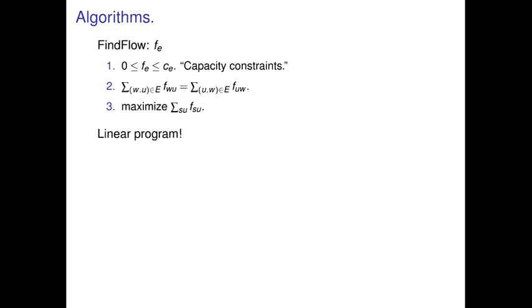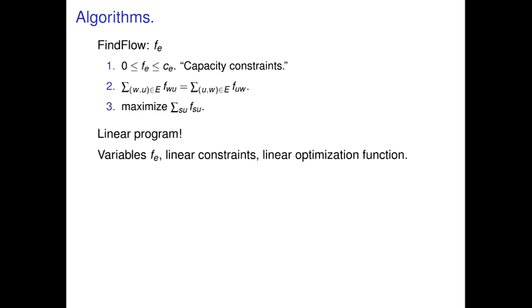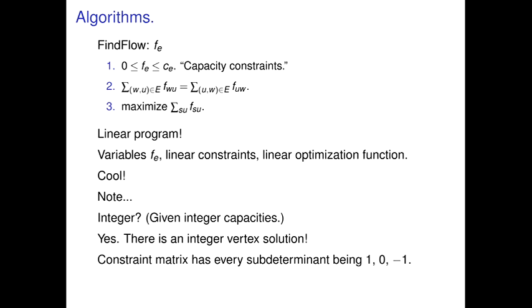Okay, so here's the algorithm. Again, it's a linear program. So the variables f of v, the linear constraints, and the linear optimization function. Everything is linear. I don't care that it's in standard form. You know how to rewrite it in standard form if you want. So that's cool. Okay, so now it happens to be integer, and I said this last time too, because you can talk about subdeterminants, but in fact the algorithm also gives you a proof of this, that the value is integer if the inputs are integer.